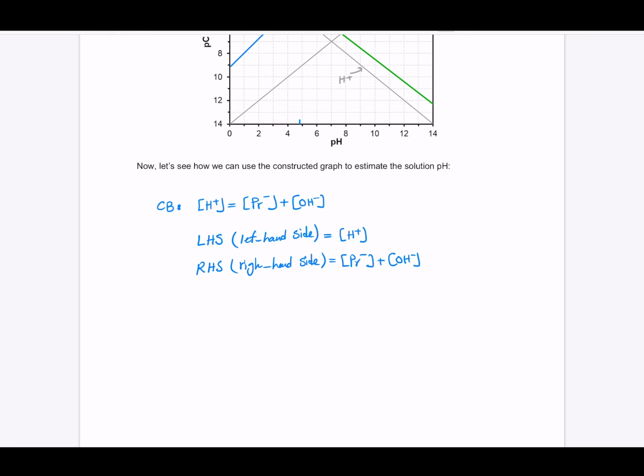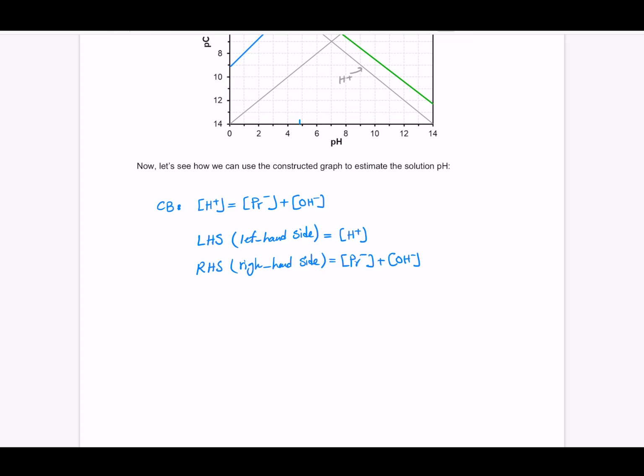So mathematically speaking, when the charge balance is satisfied, that means the left-hand side is equal to the right-hand side. Graphically speaking, that means if we construct LHS and RHS, the point that they cross, that's where the left-hand side is equal to the right-hand side.